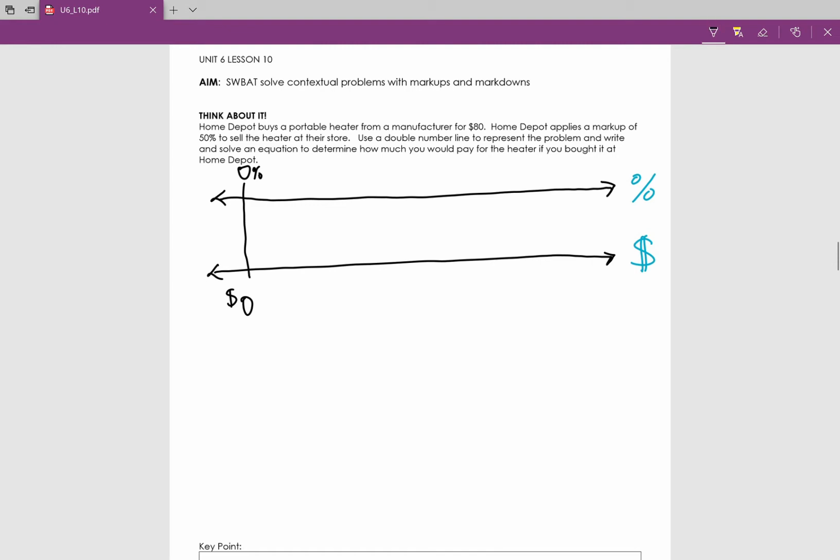But I see that in the problem, we're dealing with a markup, and we know from previous lessons that a markup is an increase. So what I'm also going to do is make sure that I have room for an increase. So I'll put 100% in the middle.